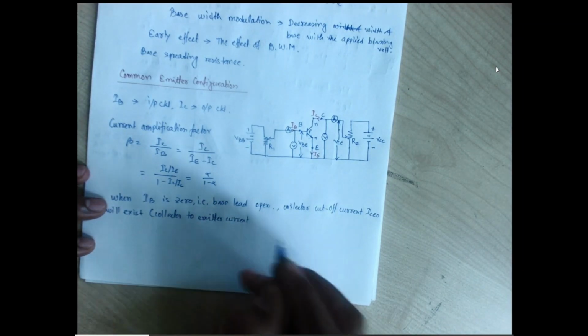What is this ICEO? ICEO is the collector to emitter current with base open.